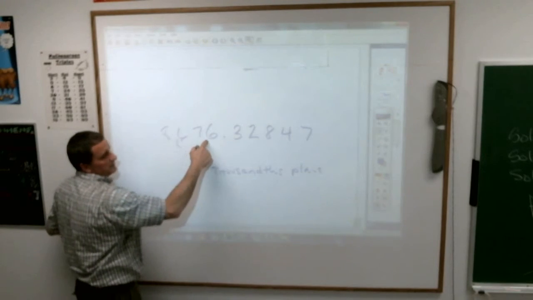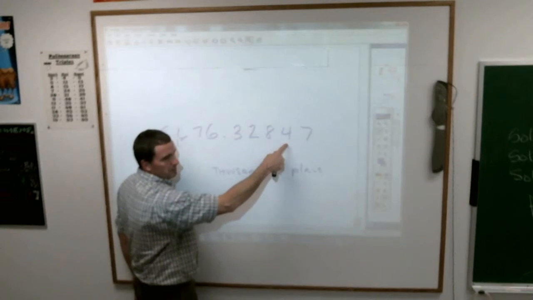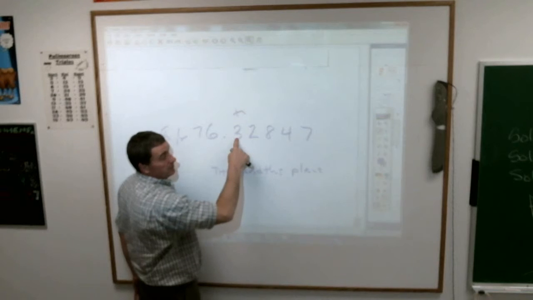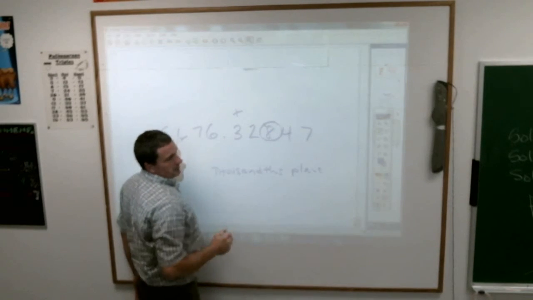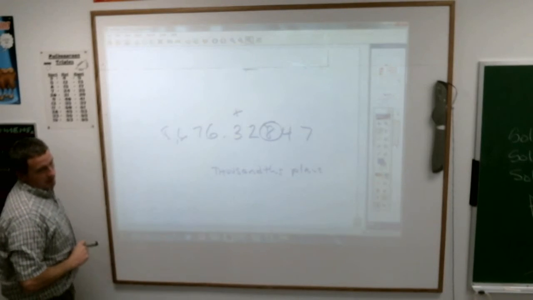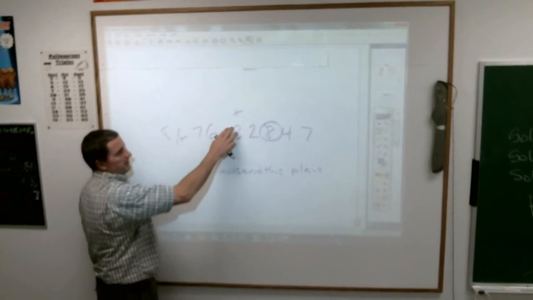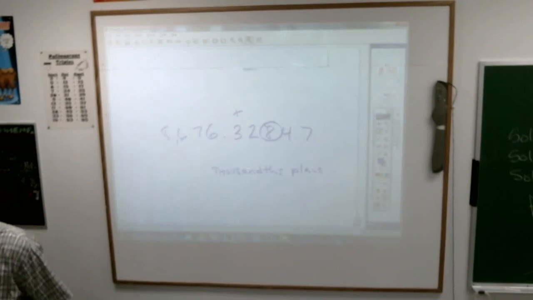They think it's the exact opposite on the other side, so the 4 is in the thousandths place. No, be careful with that because the first place after the decimal is the tenths, then the hundredths, then the thousandths place. That's the thousandths place. So don't think that it's an exact mirror image. There is no once place that takes up that little thing there. It just goes tenths, hundredths, thousandths.